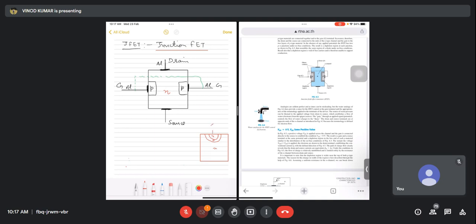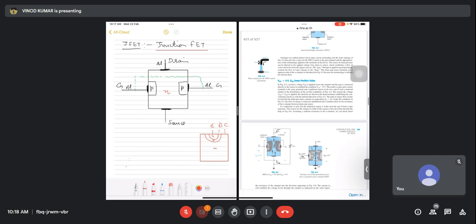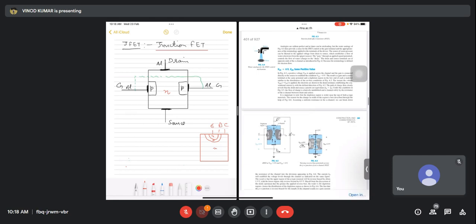This is BJT, emitter, base and collector. So BJT is like this. Okay. So there are certain situations which you can see here.